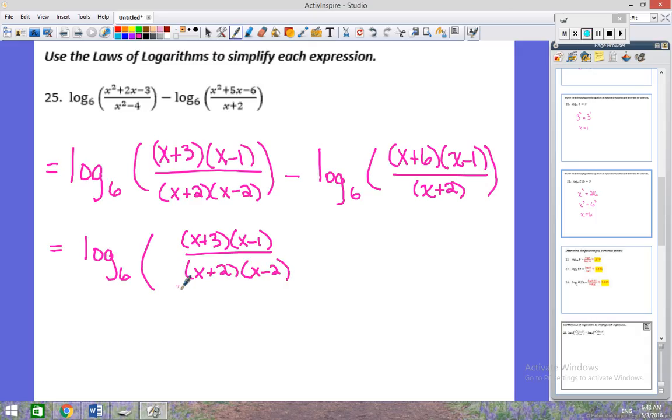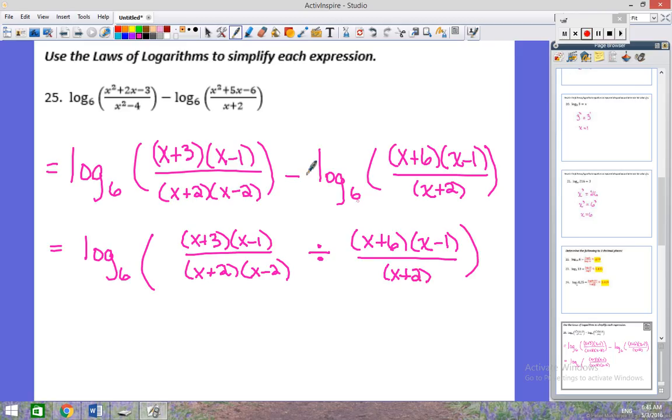See, this is my numerator, and I could extend this fraction bar and write this in the denominator, or I could write this division symbol. This is the numerator divided by, and this is the denominator. It may just help with organization, because if you recall that division is the same thing as multiplying by the reciprocal.